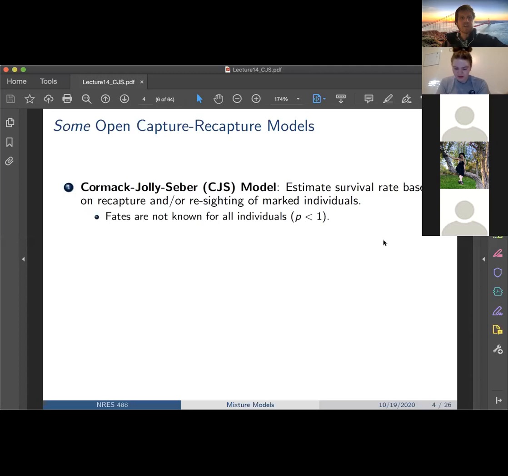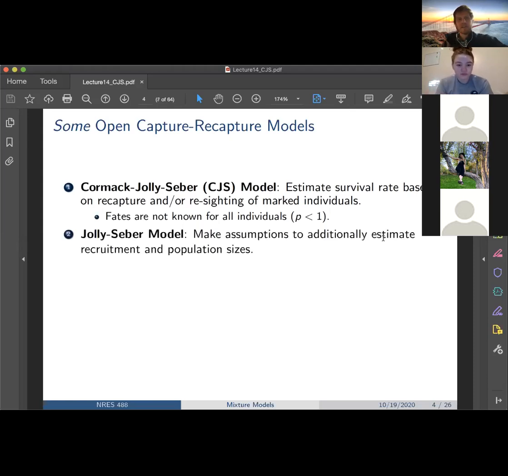The first one is the Cormack-Jolly-Seber model. What the Cormack-Jolly-Seber model, or CJS model, allows us to do is estimate survival rate based on recapture and resighting of marked animals. So the main parameter here that we can estimate is survival probability. The next one is the Jolly-Seber model. The Jolly-Seber model is an extension of the Cormack-Jolly-Seber model.